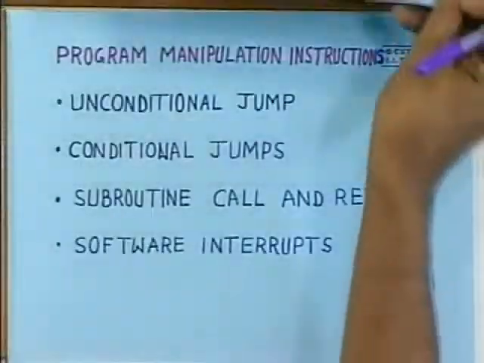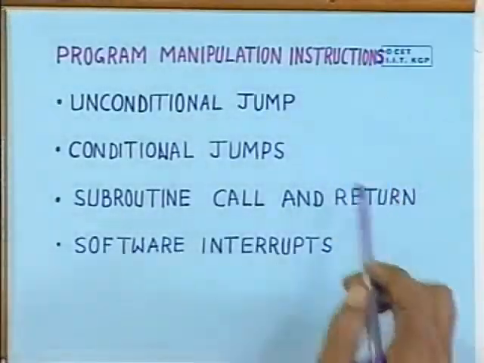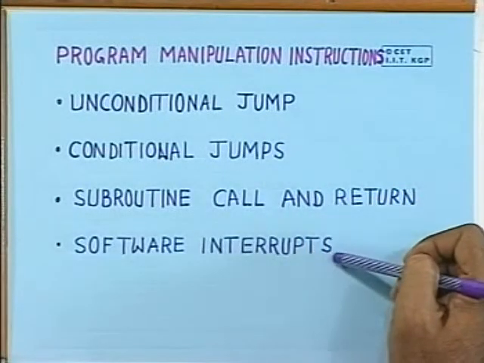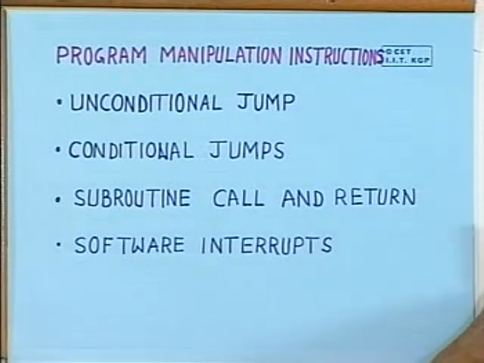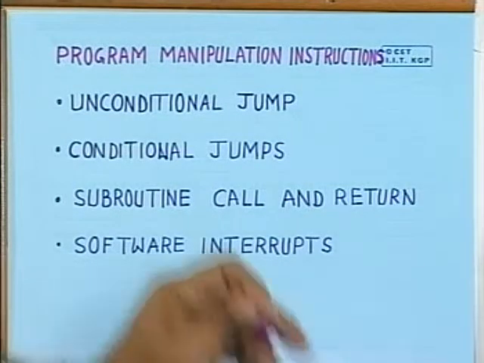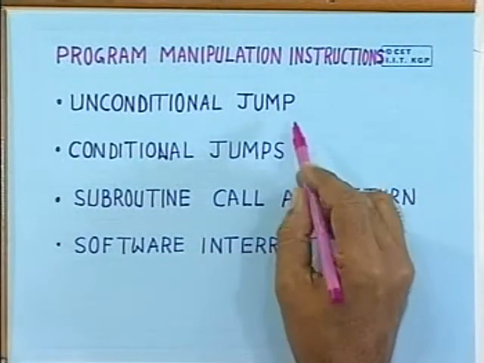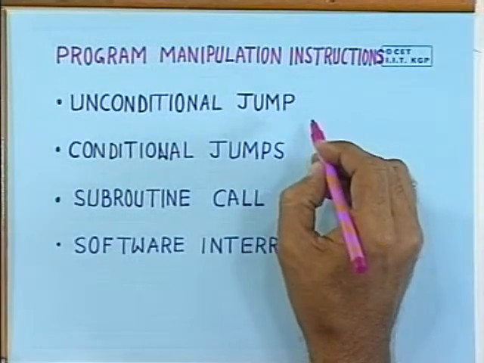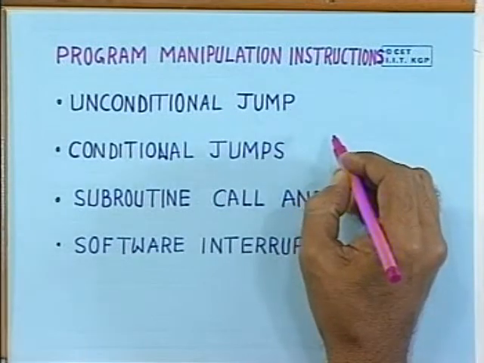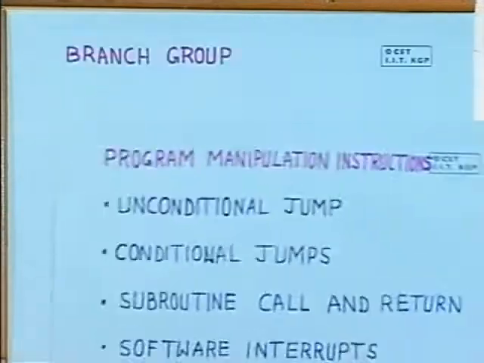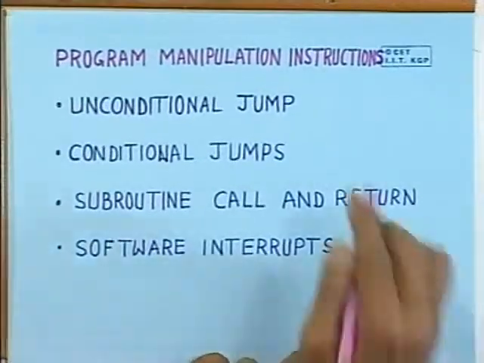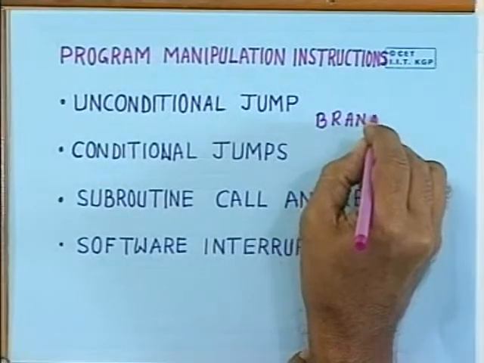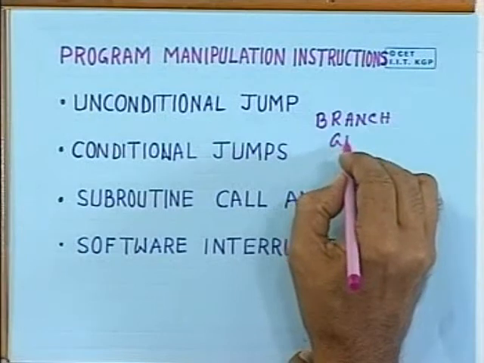The program manipulation instructions can be further divided into several types. For example, we have the unconditional jump, conditional jumps. They belong to the jump, or they belong to the branch group.